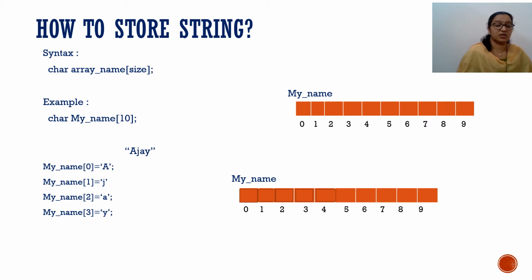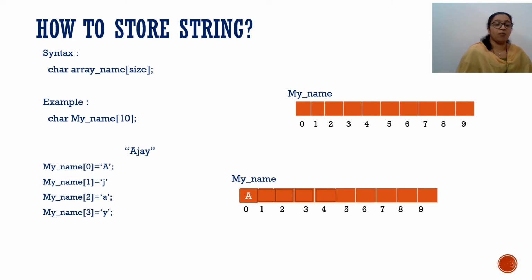Single quotes, because it's a character literal. For a character we put single quotes. If it's multiple characters, a string, we use double quotes. Here we are storing each character in each cell, character by character, so we need to use single quotes. So myName[0] equals 'A' in single quotes, and that A will be assigned to the 0th position.